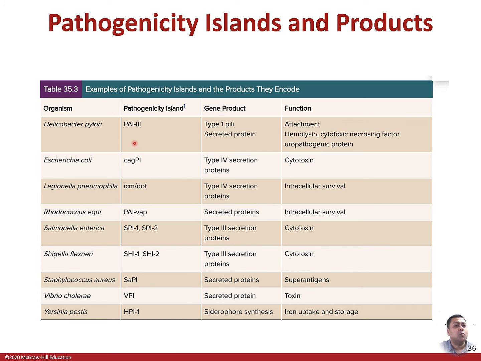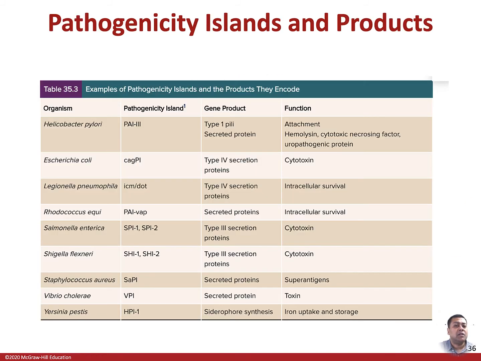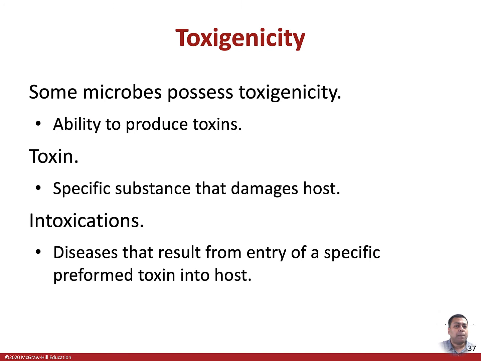It is not just one single gene, but a wide array of genes. And that's the reason we just talked about why you have these 10 to 200 kilobases, because of the multiple number of genes responsible for producing multiple gene products to cause the pathogenicity.